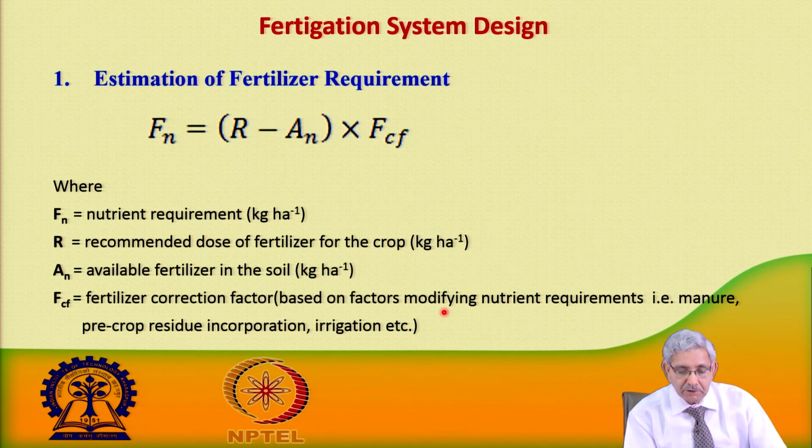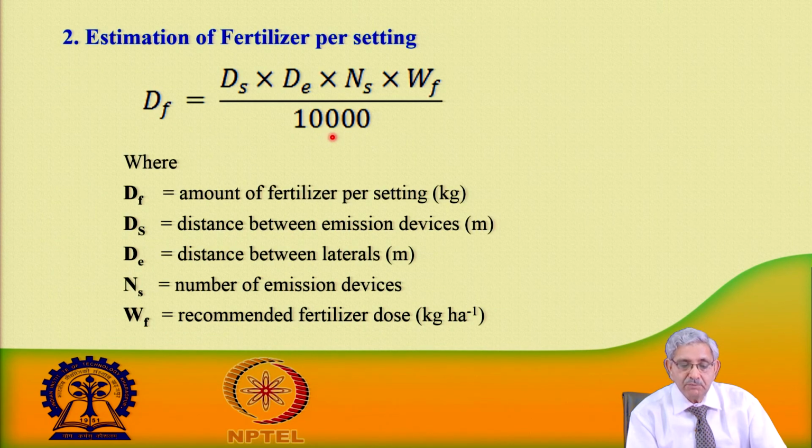For each and every crop there is an available fertilizer concentration, and accordingly this correction factor is multiplied and the fertilizer requirement can be estimated.